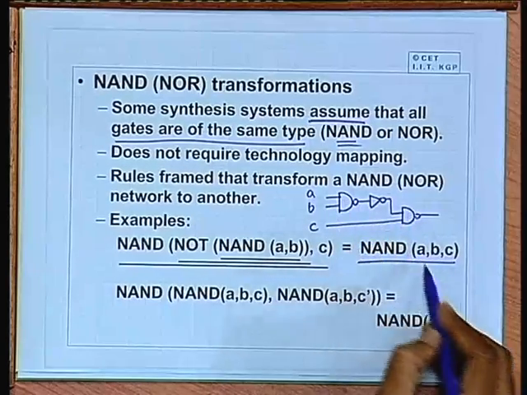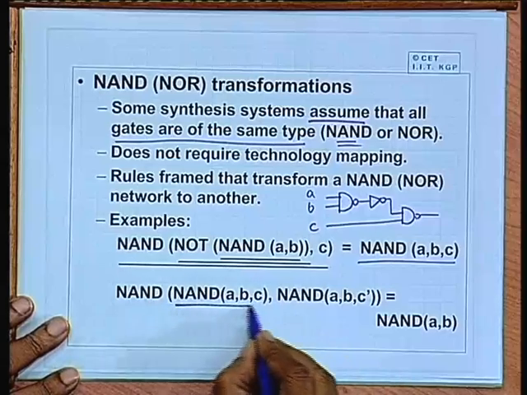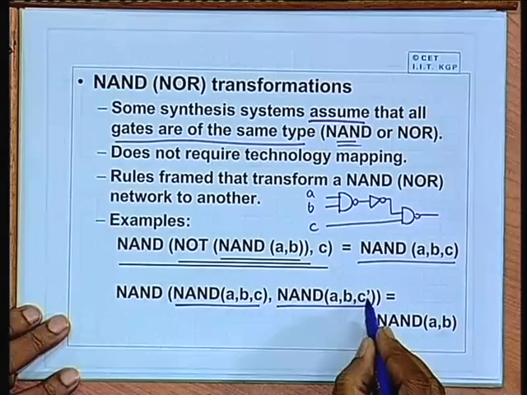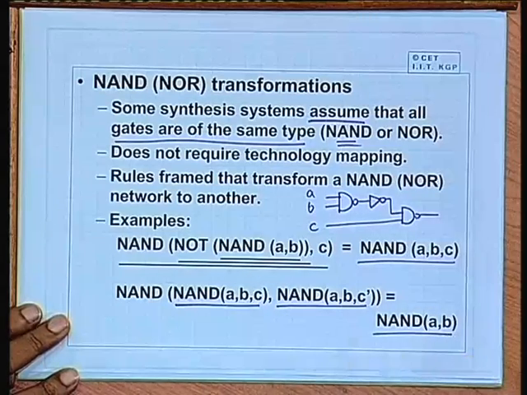So you can replace it by a 3 input NAND. Similarly, if you have NAND of ABC, NAND of ABC bar, NAND of that and C, you simply have a 2 input NAND of A and B.